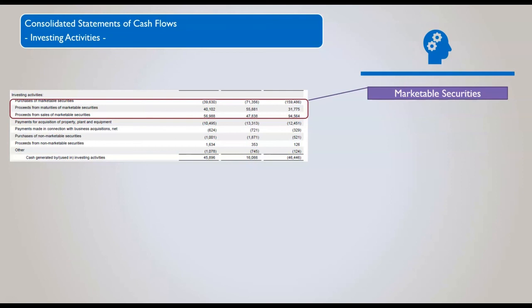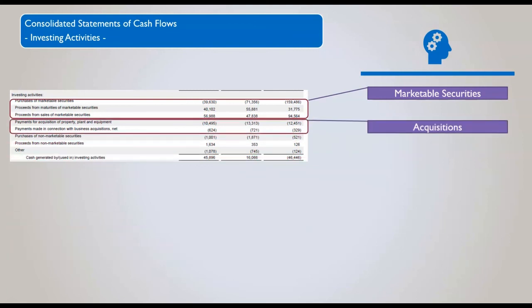However, offsetting this was a cash inflow of $40.1 billion, which relates to the proceeds or cash they received from marketable securities that matured in the period. Apple also had a cash inflow of $56.9 billion, which related to the cash they received when selling some of their security investments.